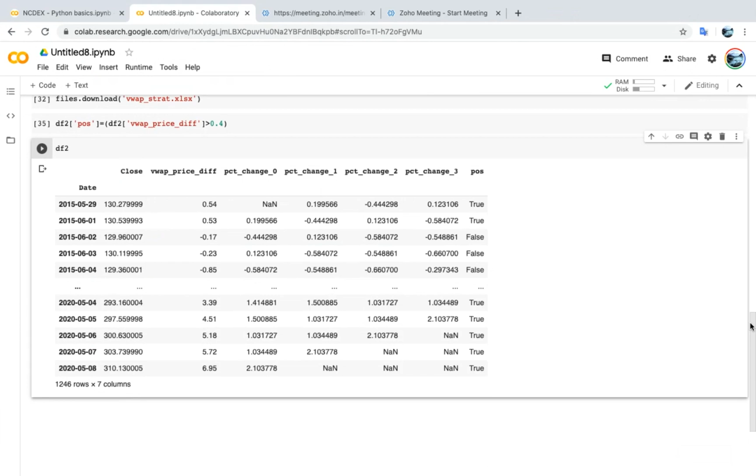So we have close price, VWAP price difference, price change 0, price change 1, 2, 3, and position. Position is the day when we will be taking the long position, because so far we analyzed only the long position, not the short one.